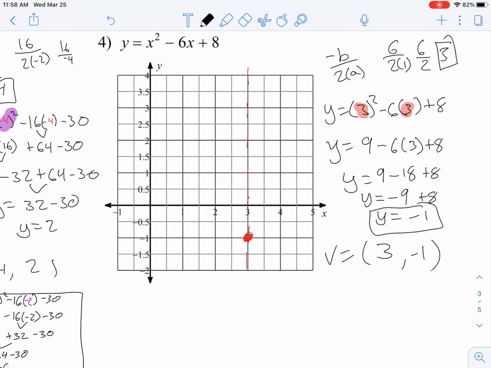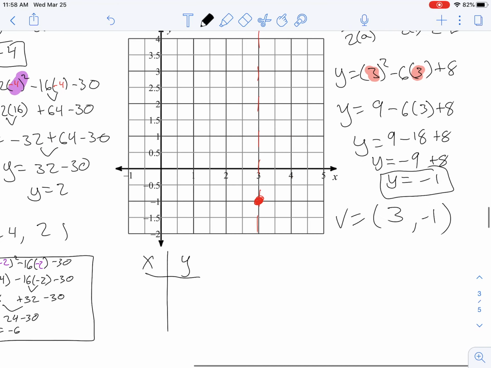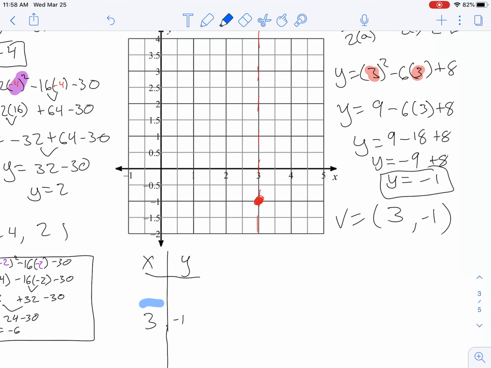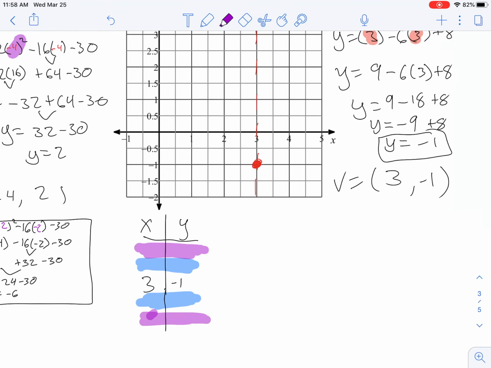Now we're going to make a table, x and y. And I know my middle point is 3 and negative 1, so I have to figure out one away, and one away there, one away there.